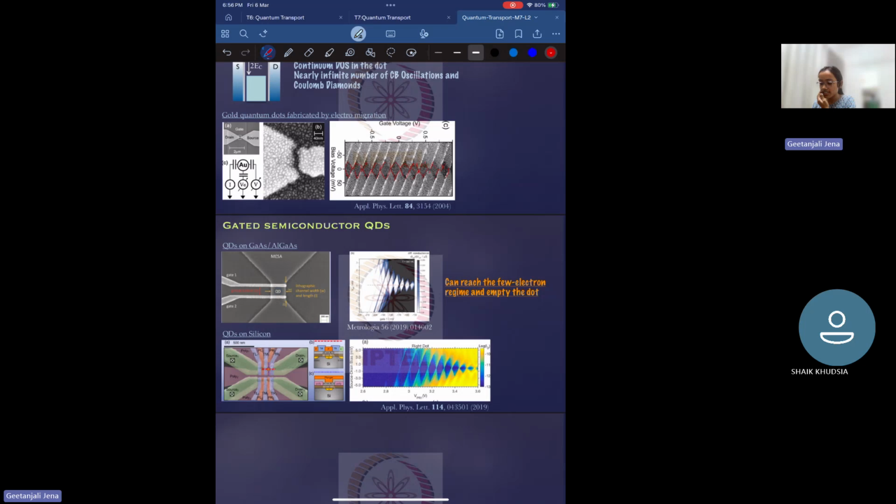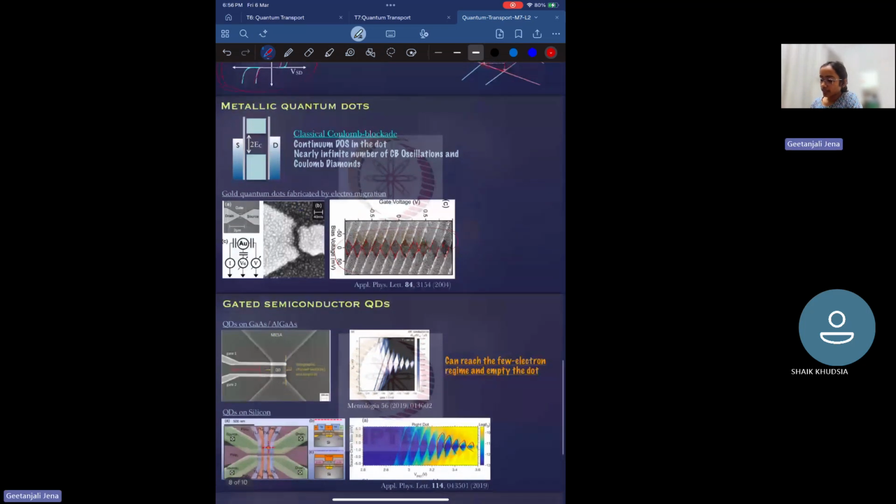Because of that, we won't see any periodic variation of the Coulomb diamond. We see that this diamond evolves gradually and it vanishes completely after a certain gate voltage.